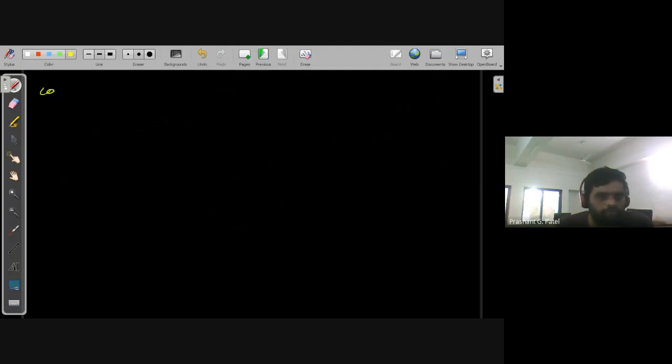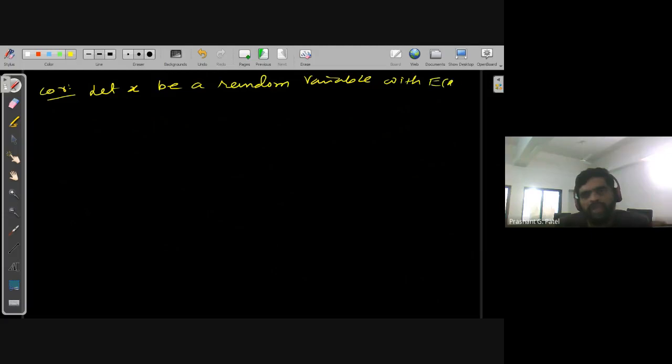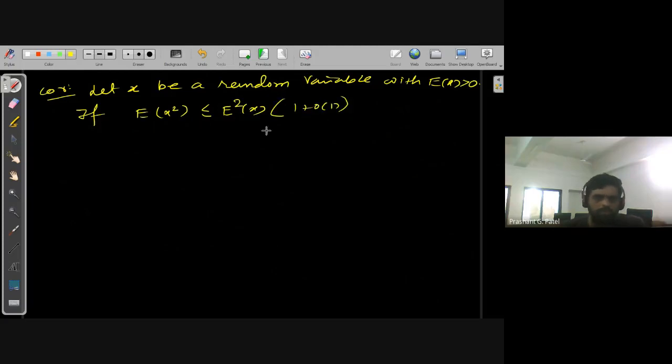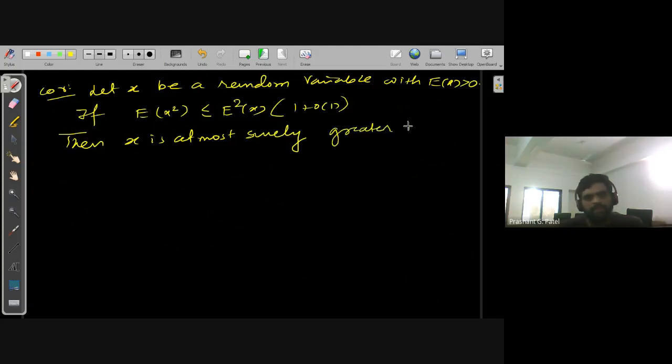which is also very short, which says: let X be a random variable with the expectation of X greater than 0, and if E of X square is less than or equal to E square X into 1 plus small o of 1, then X is almost surely greater than 0.